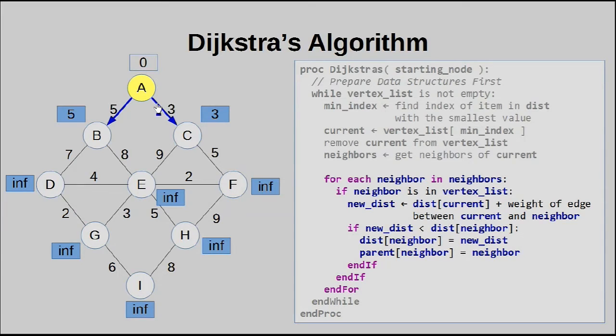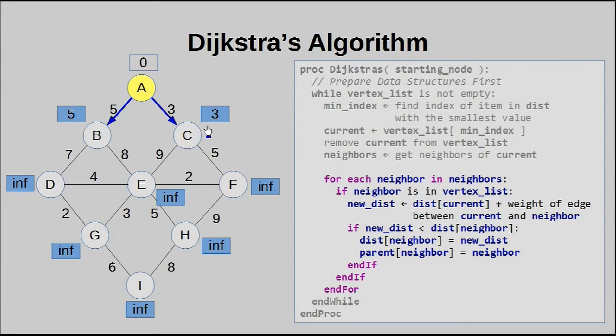All I need you to understand at this point is that the distance from A to B is 5. The distance from A to C is 3. And these two numbers come directly from the edge weights. We show the parent relation by drawing a blue arrow. The direction of the arrow simply says that A is the parent of B.